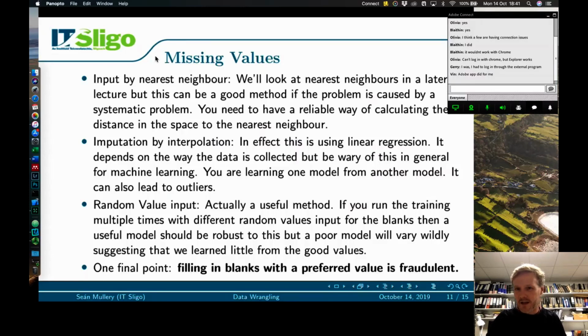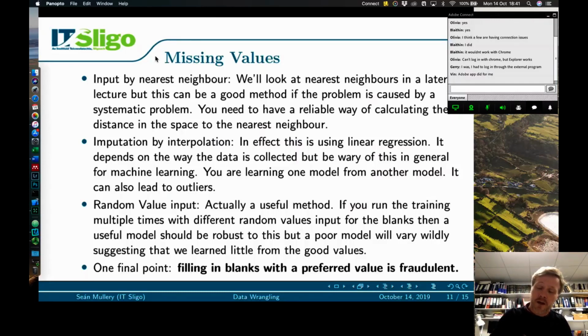If we're seeing that it is actually varying the model fairly widely, then we know that we're not robust to that problem, and that it's not learning much from the proper data that we have there. So it's quite a good system if you run it a number of times and see what comes up.